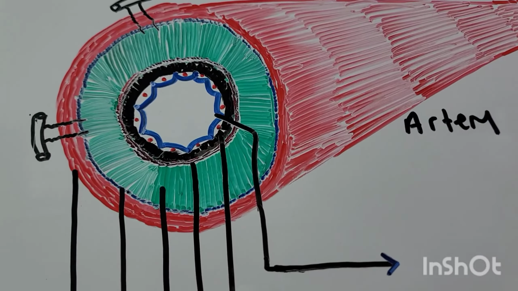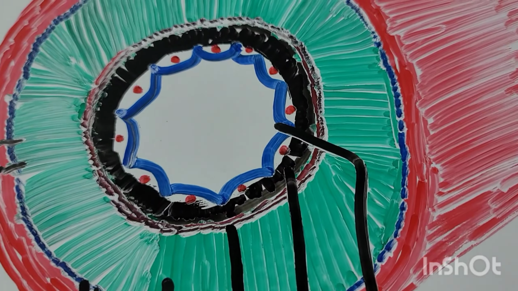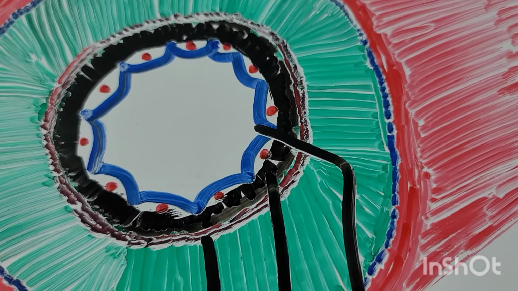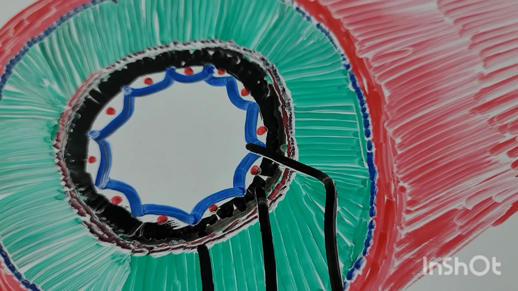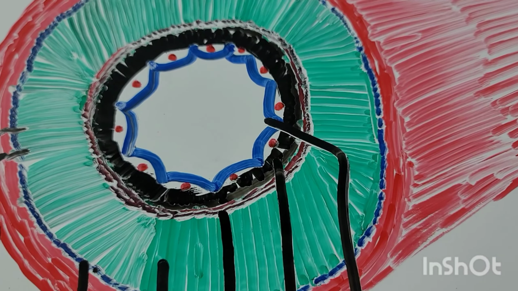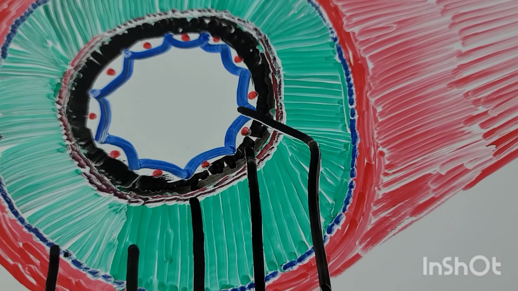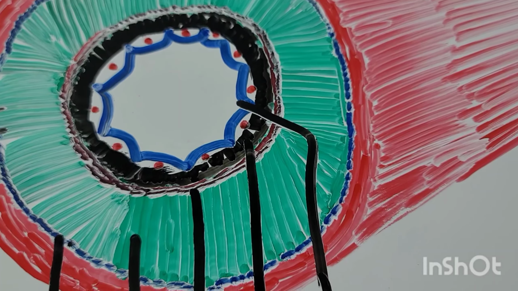When you come over here on these blue lines, which are lining the lumen of the artery, these cells which are lining here are what we call the endothelial lining.